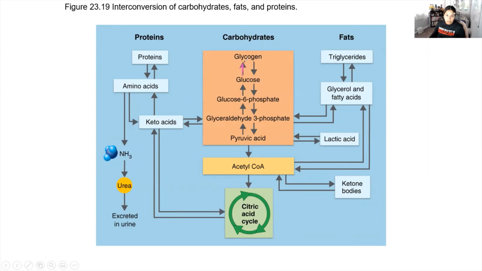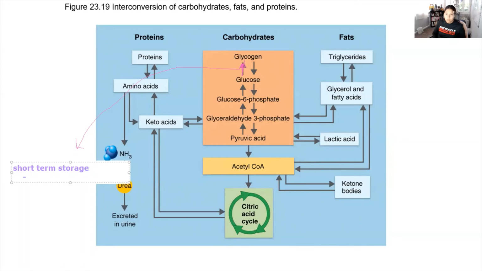I'm trying to highlight this arrow, but you know what I mean. So glucose to glycogen, you should know that this is a short-term storage. This is a short-term storage option.